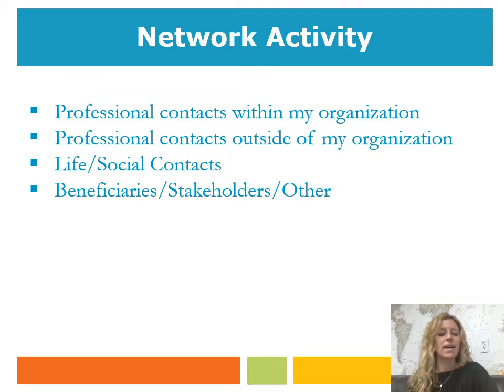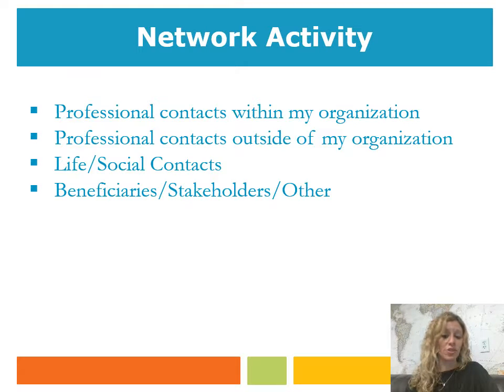For example, I am very close with my sister. She's not a professional contact because we don't work together, we never have, but she's someone who I can contact, and I do almost daily or weekly, for support and advice, who will always give me feedback and who I know I can count on. So for me personally, I might list my sister under my life contacts.